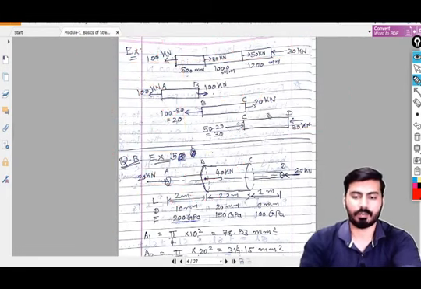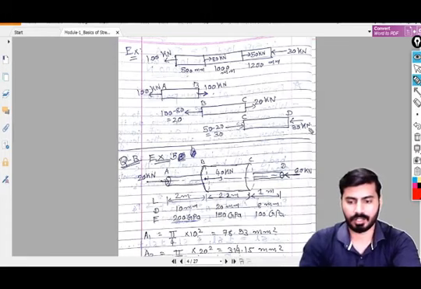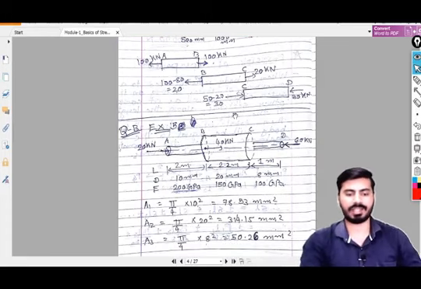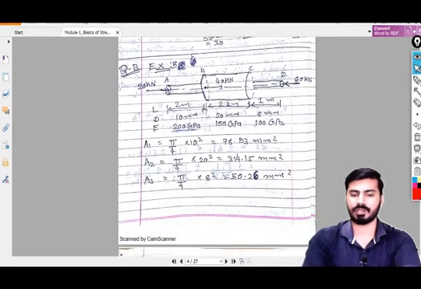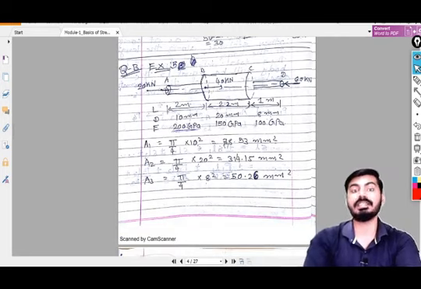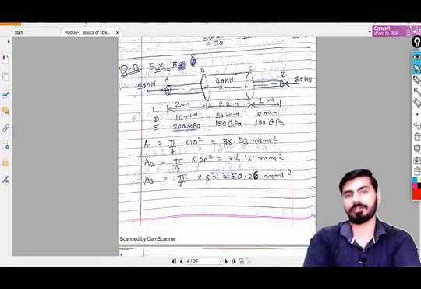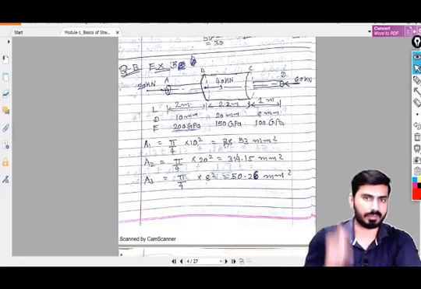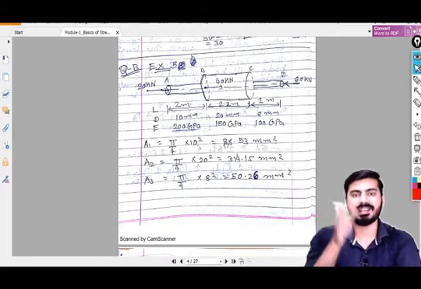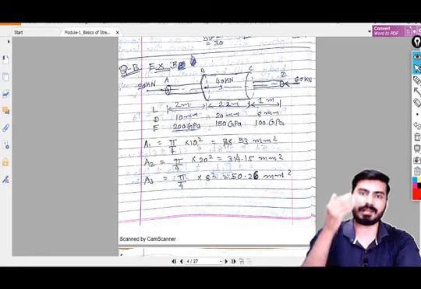Similarly, what we have done over here, we have represented one example so that you can quickly solve it. So the first example is over here. In this example, they have asked you to find out the stress in each part and the elongation of each part. The stress can be calculated using the formula force upon area, and delta L can be calculated using the formula PL upon AE.